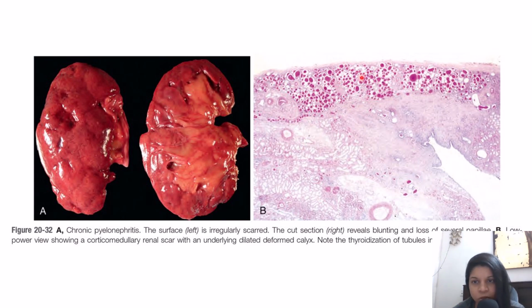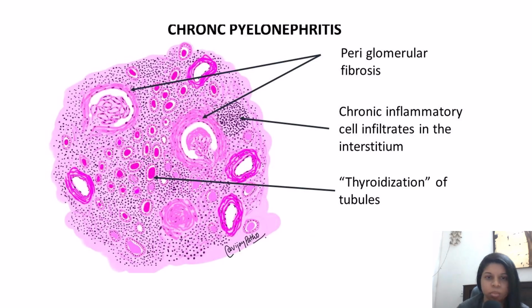In the same way, you can see thyroidization of the tubules, and in the renal medulla all the tubules are very much dilated, because there is full stasis of urine. Because of that, there are dilated tubules, the cortex is totally thinned out, and there is thyroidization of the tubules. You can also see chronic inflammation at places.